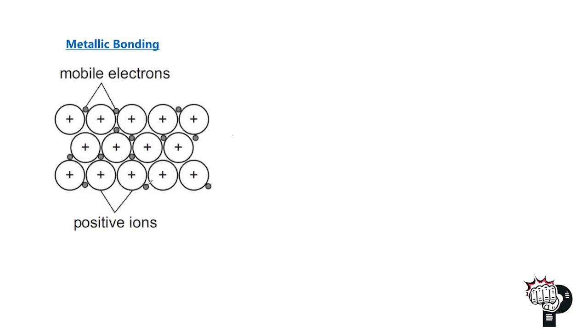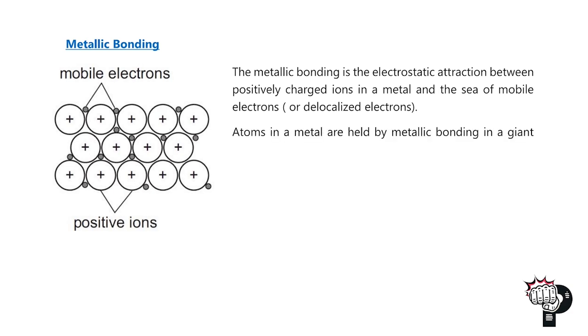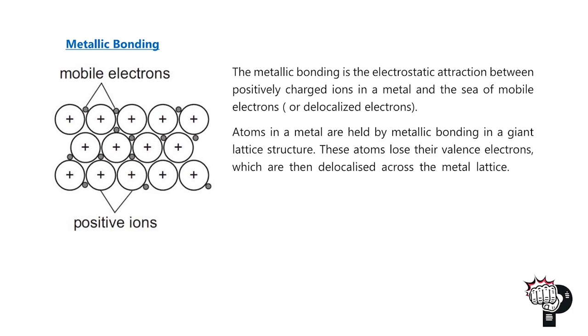Let's now jump to metallic bonding. In metallic bonding, we're talking about the bonding within the structure of a metal. It's within the same metal. This bonding occurs between the positively charged ions, the nucleus, and the free electrons.